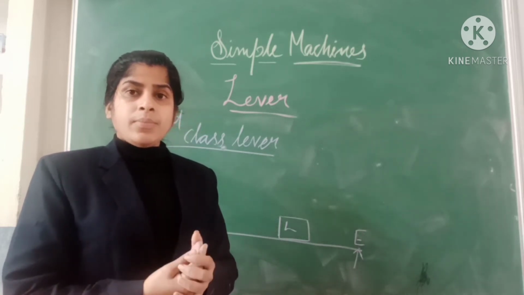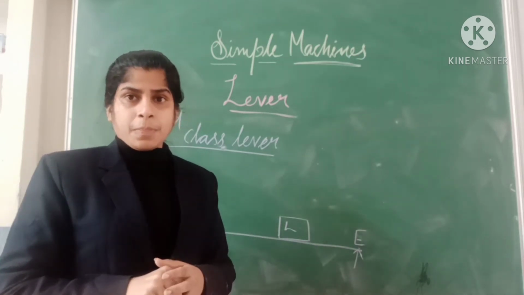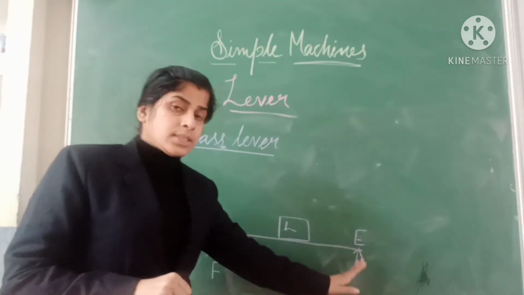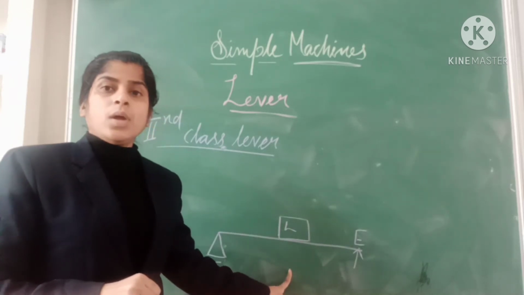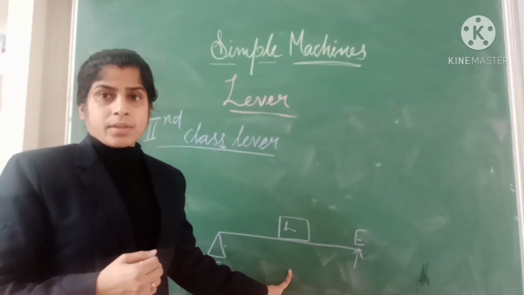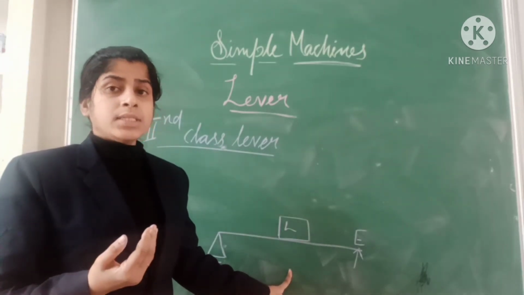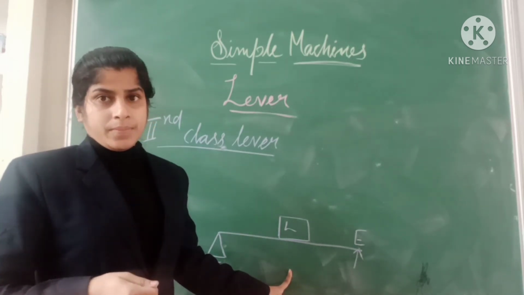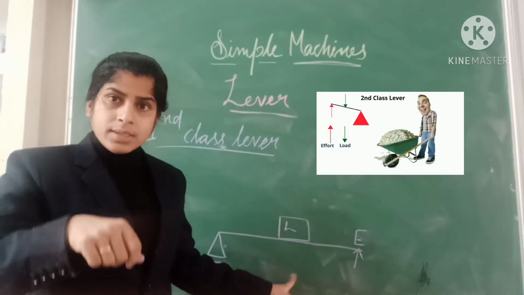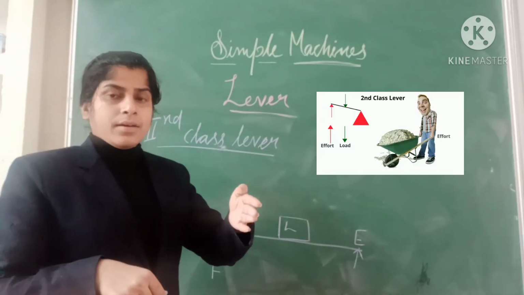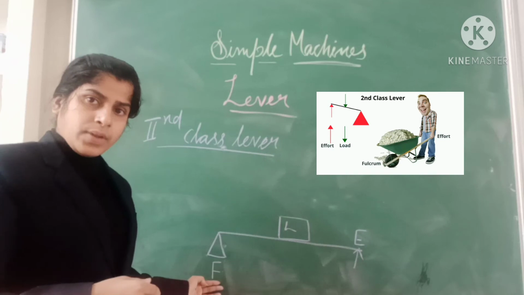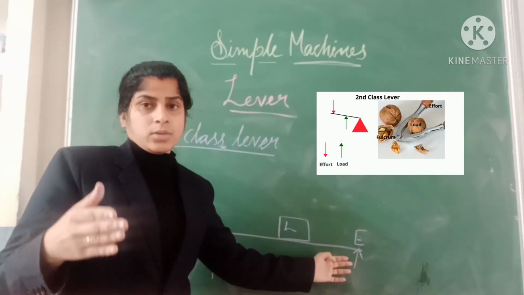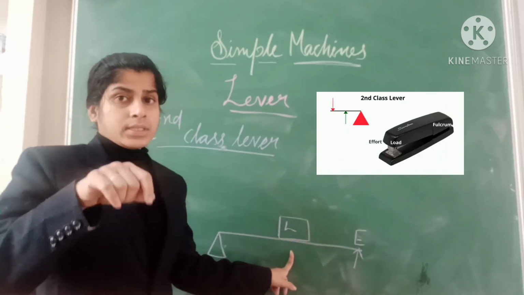Next example, a nutcracker: one end is the fulcrum, the other end is the effort, and the center is the load. Another example is a bottle opener: the moving part, the fulcrum, is at one end, the effort is at the other end, and the load is in the center.